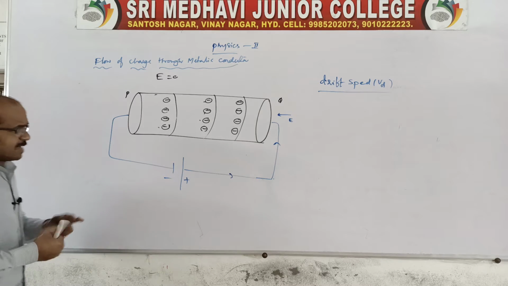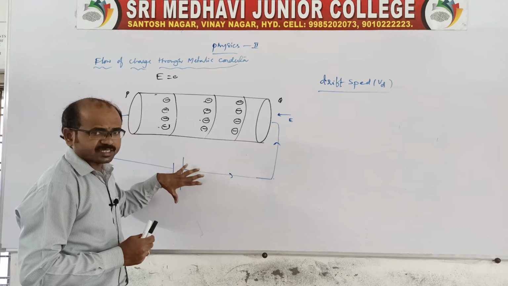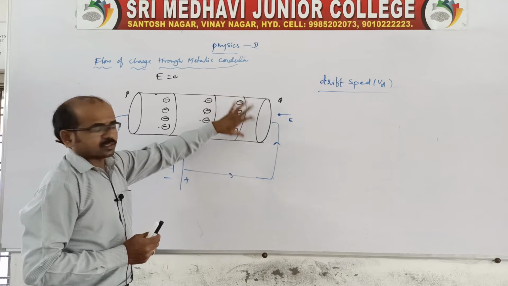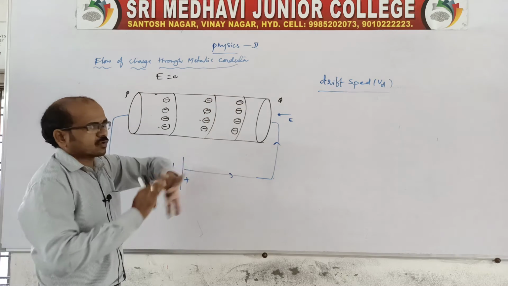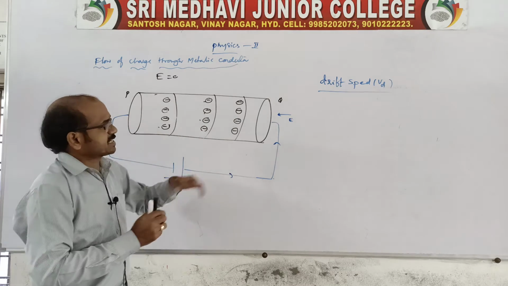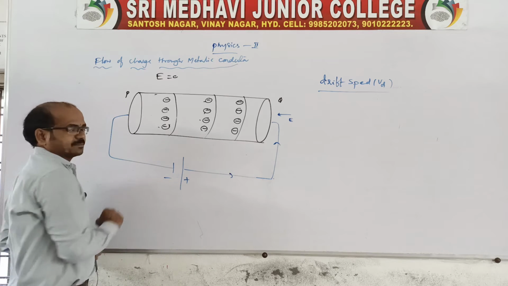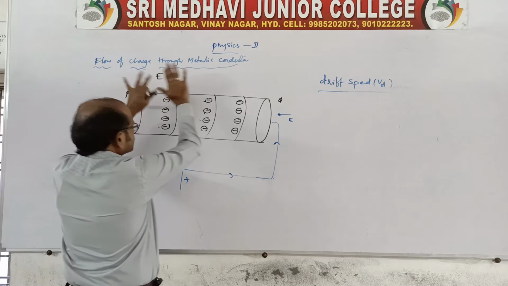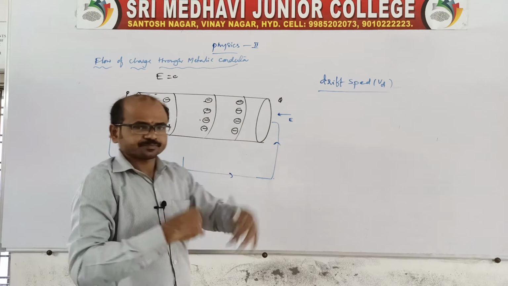In the absence of electric field intensity, all electrons are in random motion. One electron moves like this and another like this; they are not in any particular direction. When an electric field intensity is present, because we connect the battery and apply it from Q to P, all electrons are modified together and drifted.